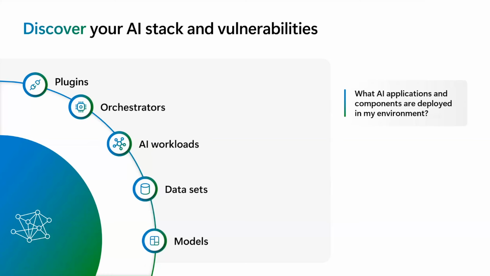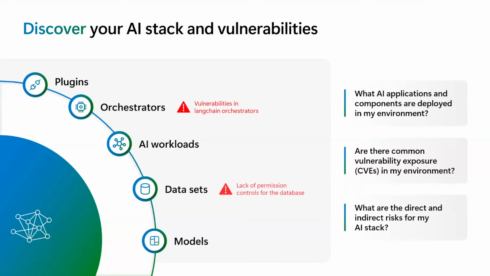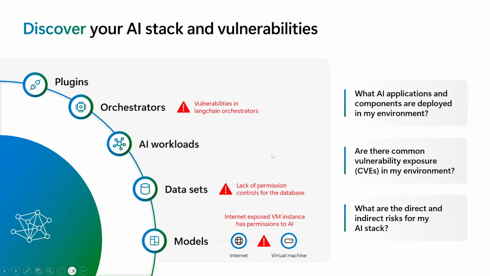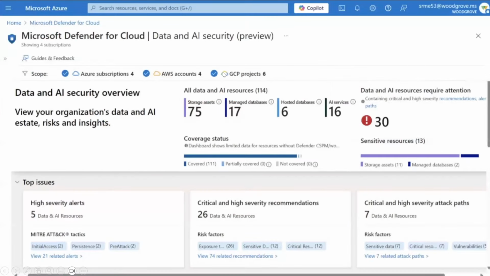You want to discover what workloads are in place, what models, what datasets, what vulnerabilities, and what permission misconfigurations you have. You want to see if any of this AI is exposed to the internet. You want to have all this visibility in order to start secure, to remediate, and to make sure everything is in place correctly.